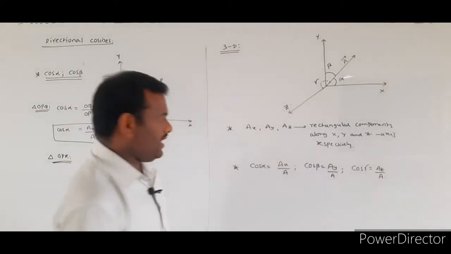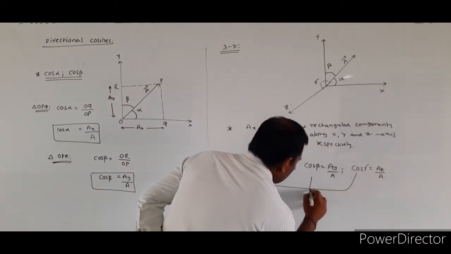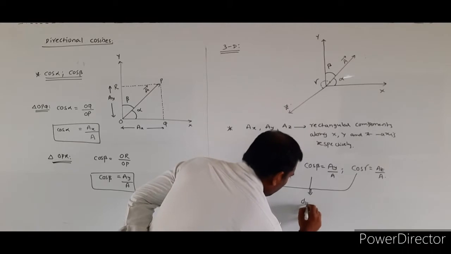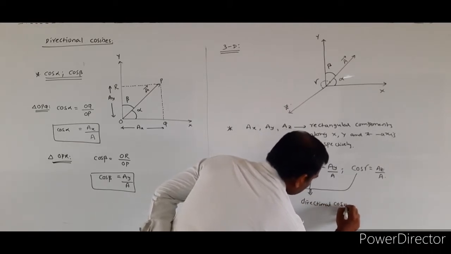So cos alpha, cos beta, cos gamma are also called directional cosines.